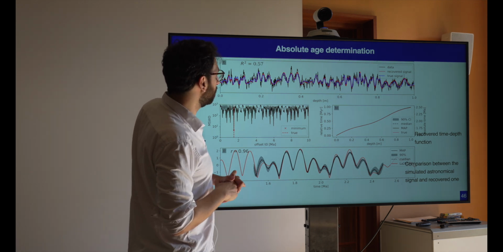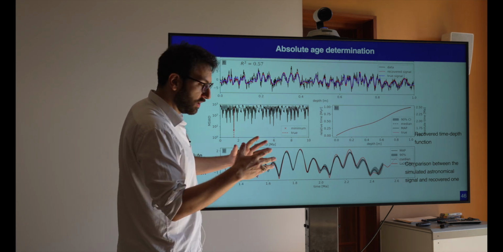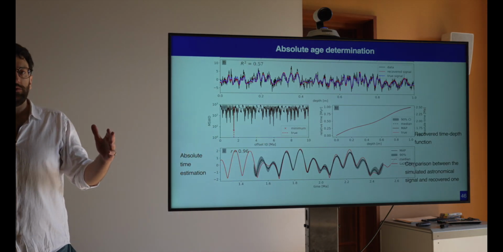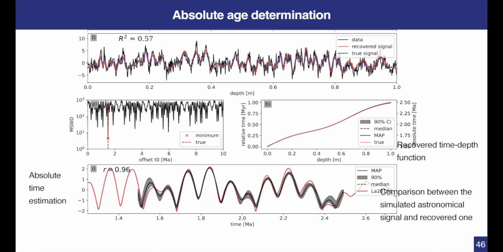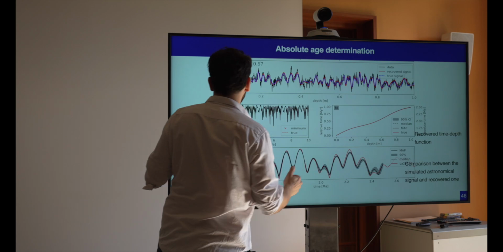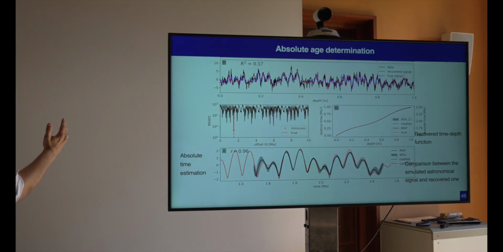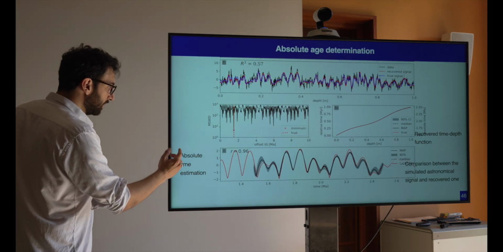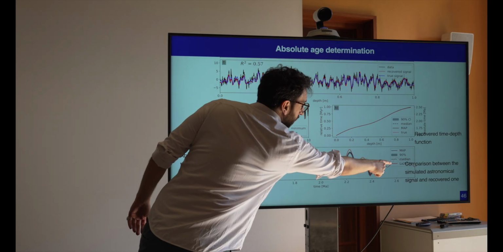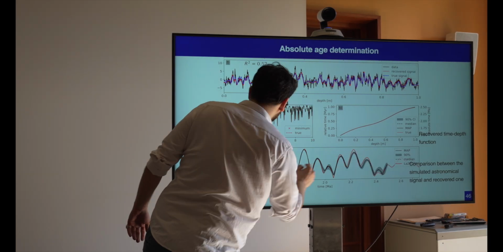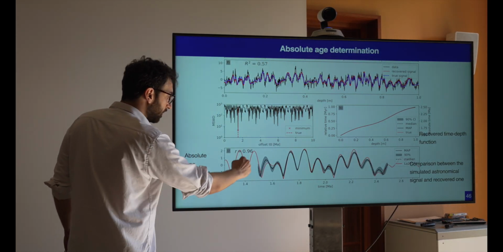So suppose you have an astronomical solution, generated with a computer program with a numerical integration of the solar system in the past. And you take your reconstructed signal here, and you compute the correlation of this reconstructed signal with the astronomical solution. Here the astronomical solution is in red.